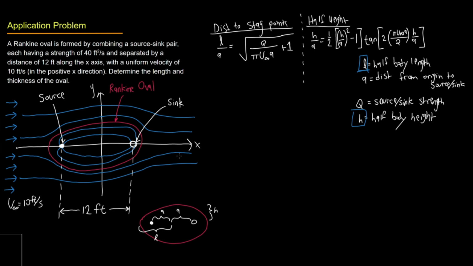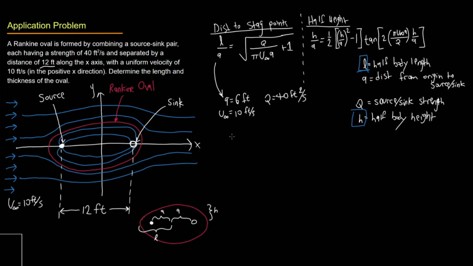Then we can start out by solving for L explicitly, because we know A. A is given over here in the 12 feet along the x-axis. We see it over here in the diagram as well. A is half of this, and so A is equal to 6 feet. u infinity is known as well, of 10 feet per second, and Q is also known, of 40 feet squared per second.